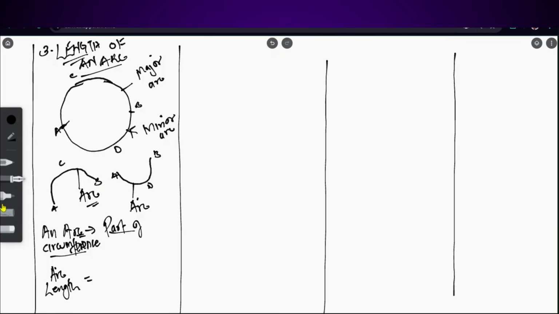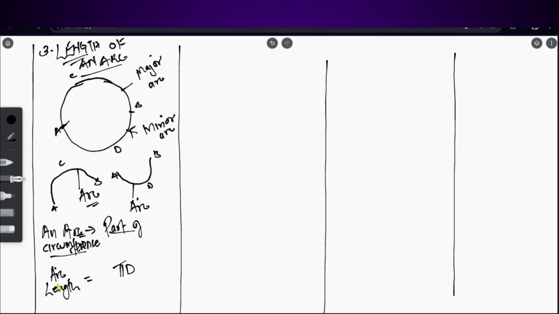We say that circumference, a full circle, the formula for getting that, can you remember how you get the circumference of a circle? It is given by pi d. Now, this one is for getting a full circle.